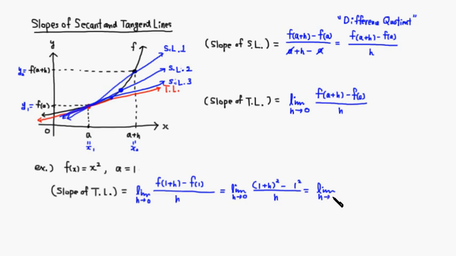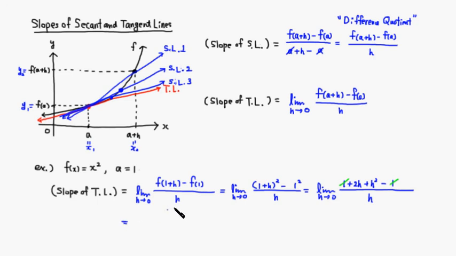If you multiply that out, you get 1 plus 2h plus h squared, and a minus 1, all over h. You can cancel the 1 and the minus 1.